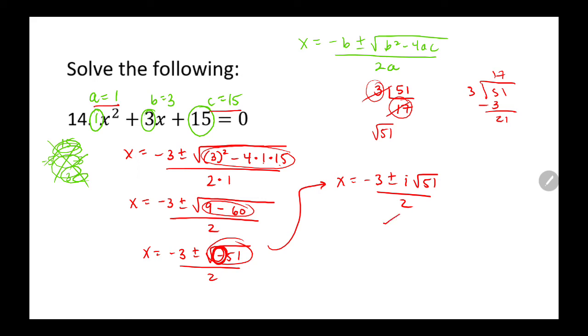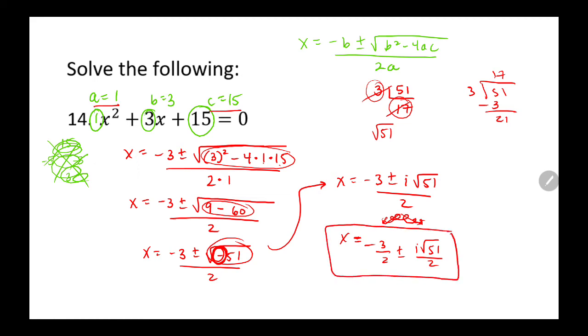Okay, now we'll break this up into the two pieces. So x equals negative 3 over 2 plus or minus i square root 51 over 2. And neither the left side nor the right side of the plus minus simplifies. So this is our final answer.